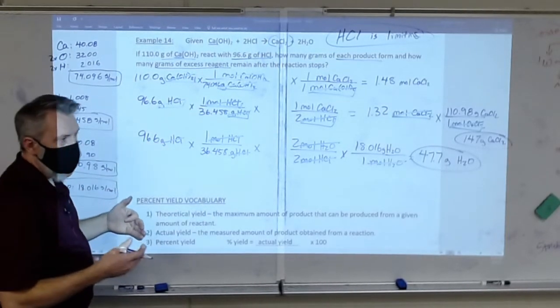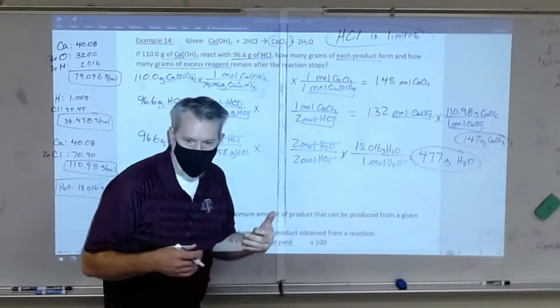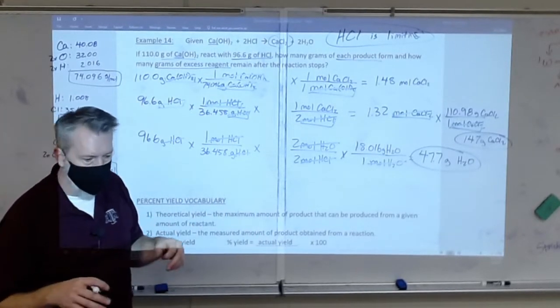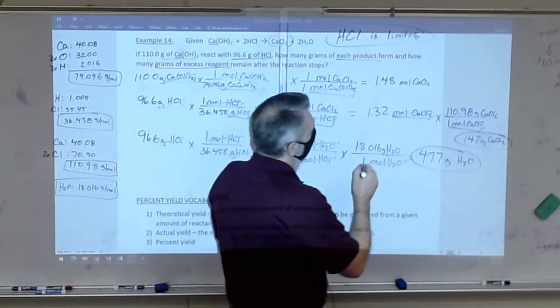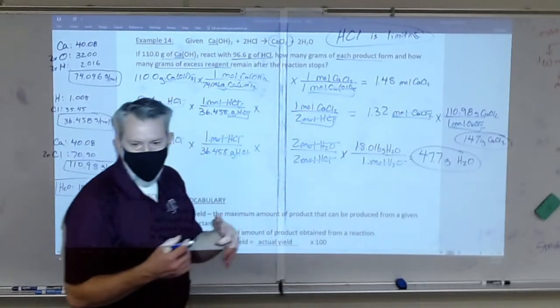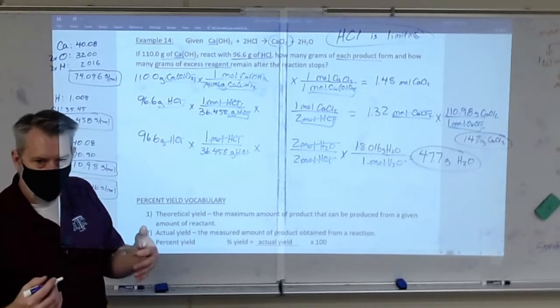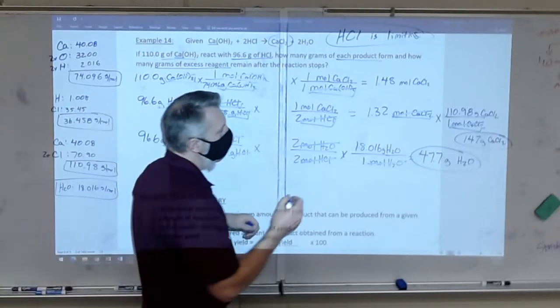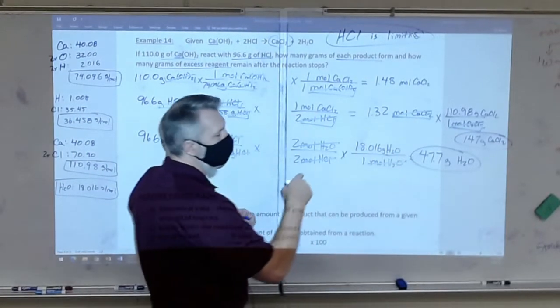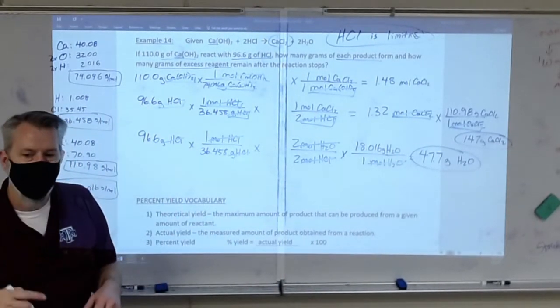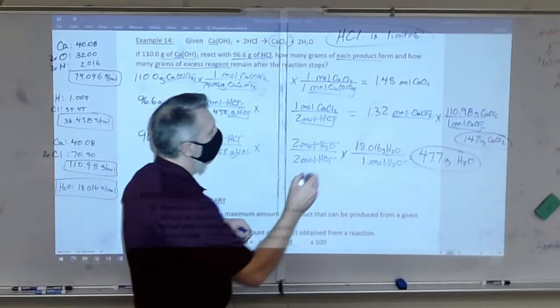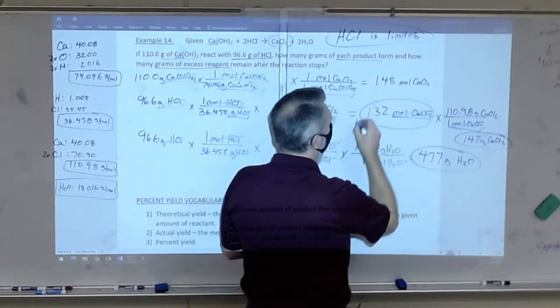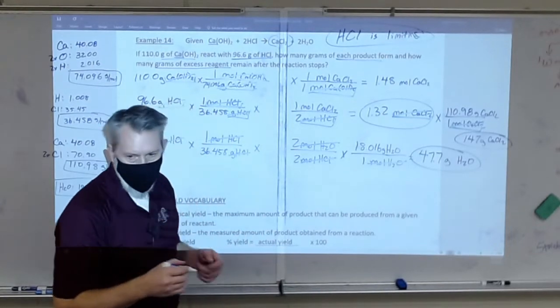A couple of ways to do this. I'm going to show you kind of a longer way, but there's a shorter way we'll talk about next class. I want to recognize how many moles of a product I made. And I'm basically going to work backwards and figure out how much of the excess I used up. So this was how many moles of calcium chloride I made.